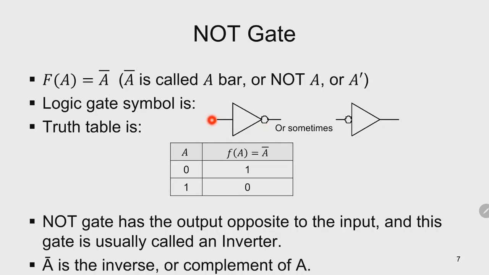If the input is active high, then we don't draw a bubble at the input. But if the input is active low, then we draw a bubble at the input instead of the output. Active high means that by default, if I don't put an input to the circuit, the input is high.